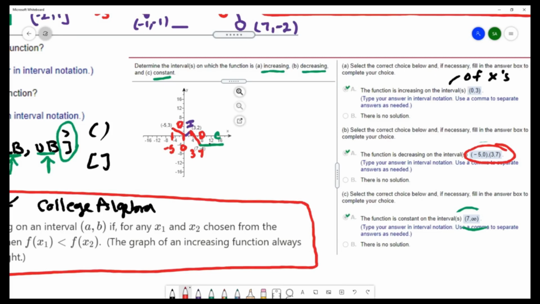And then if we look at our increasing interval, we have that one in purple. It starts at 0 and goes to 3, and that's what you see here in your answer, using parentheses. And then we have our constant interval. This constant interval starts at 7. The arrow means it's going on forever, so our upper bound is infinity. So right here we have 7 to infinity using parentheses.